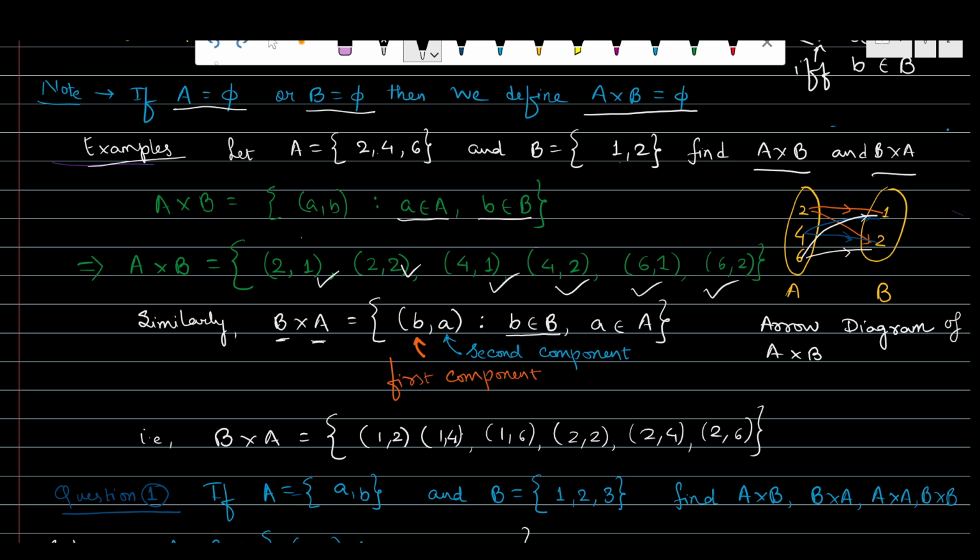Now B cross A: b is 1, so the ordered pair will start from 1, then it will map with the elements of A. So B cross A will be (1, 2), (1, 4), (1, 6), (2, 2), (2, 4), (2, 6). I hope this is clear to you.